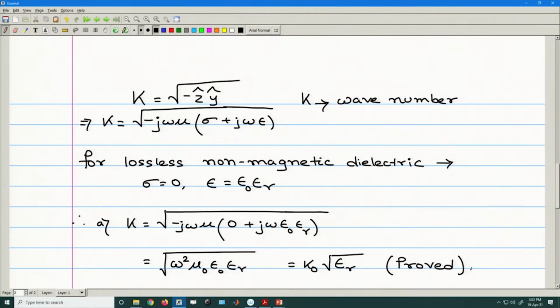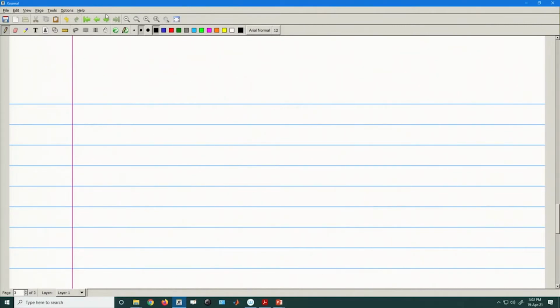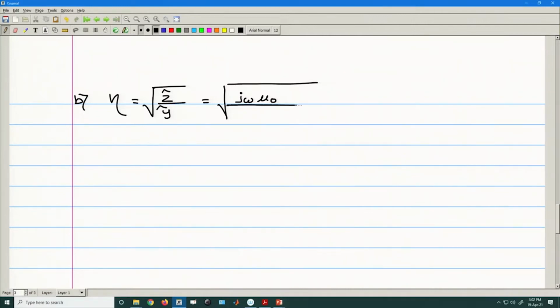Now the next thing, eta, is given as root under z cap by y cap. Now again substituting for z and y, we get j omega mu naught by sigma plus j omega epsilon naught epsilon r. Fine.